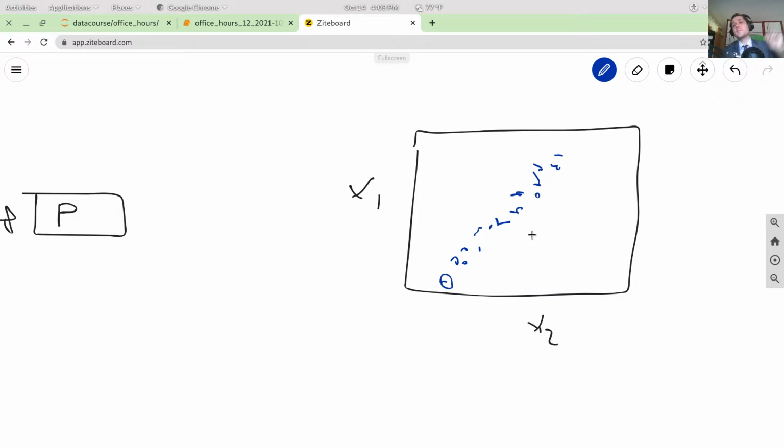Let me better phrase that. If we have two features that are correlated with each other, there's probably a new feature I can derive that can still explain a lot of that information. So for example, that new feature probably runs along this direction. And there's a second feature that is orthogonal to the first.